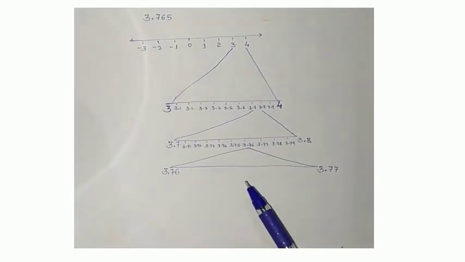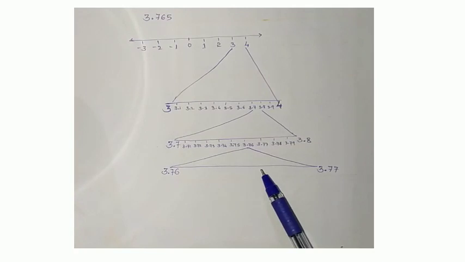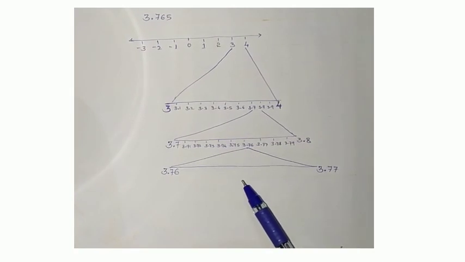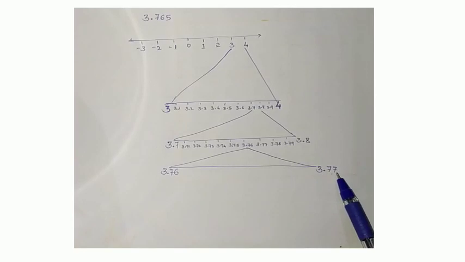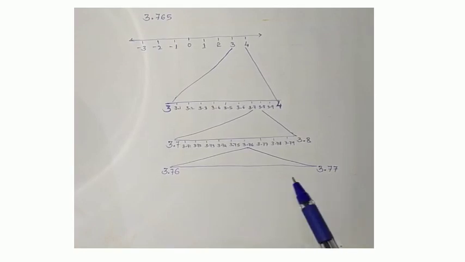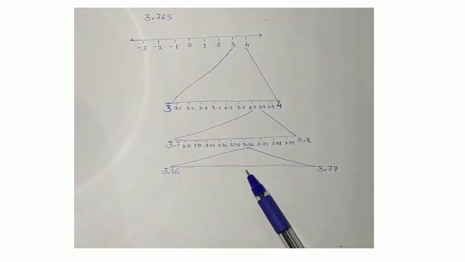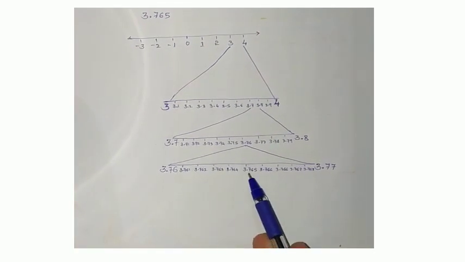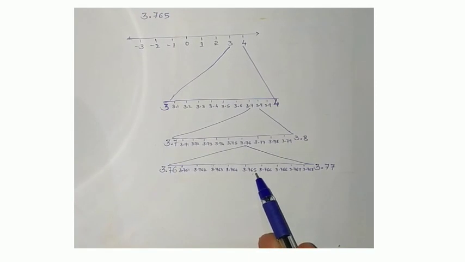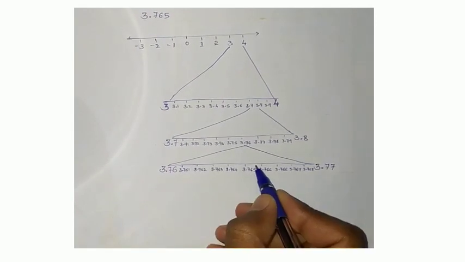Here I am using a pen, but you don't use a pen. Try to use a pencil and visualize all the numbers neatly with your scale. Here, in between 3.76 and 3.77, we again get 10 decimals. So when we visualize the third digit, 3.765 is our answer, here.